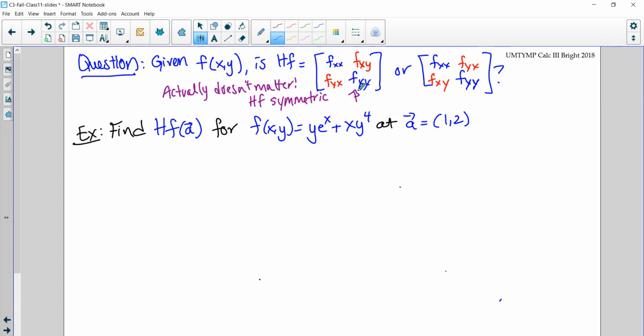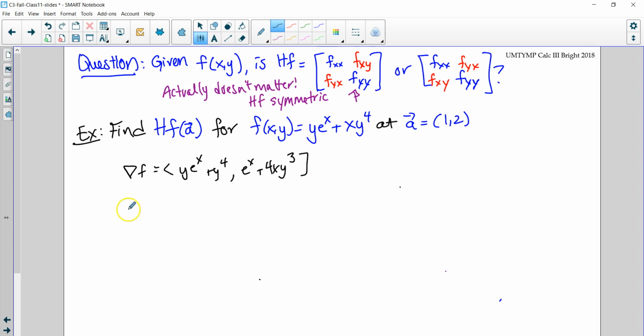All right, so just another quick example here. If I want to find the Hessian for this, I should probably find the gradient of f first. And so if I do this, I get y e to the x plus y to the fourth, and then e to the x plus 4xy cubed.